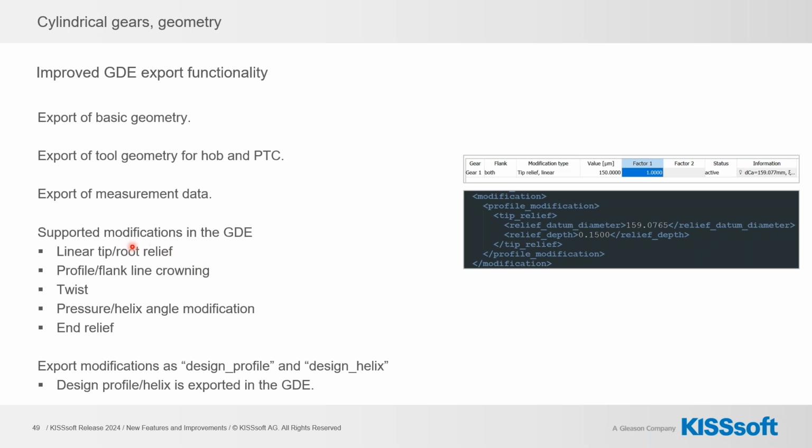Here we can see modifications which are directly supported as a type in the GDE XML file. But as in real life and in your designs, you may have many more modifications than only those. There is the option to export all the modifications as a so-called design profile or design helix mode.